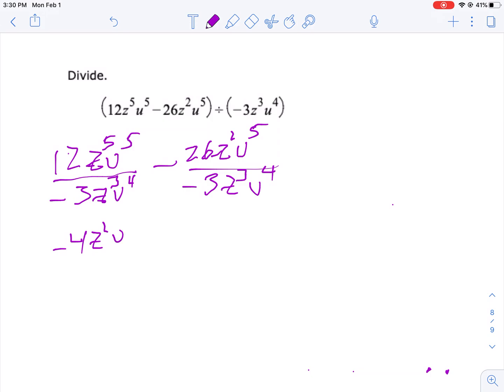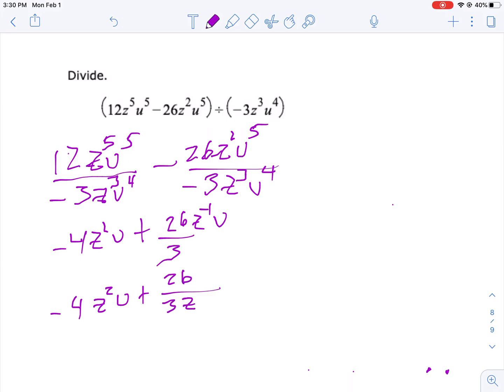A negative divided by negative is a positive. 26 and 3 do not reduce, so I'm going to put it over 26 and 3. z squared over z cubed would be z to the negative 1. 5 minus 4 is u to the 1st. So then we get negative 4 z squared u plus, let's flip the negative exponent, so we get 26 over 3z, 26u over 3z, and there's your answer.